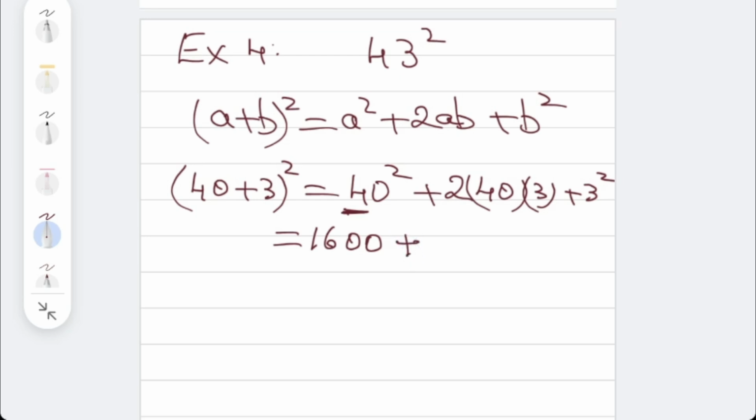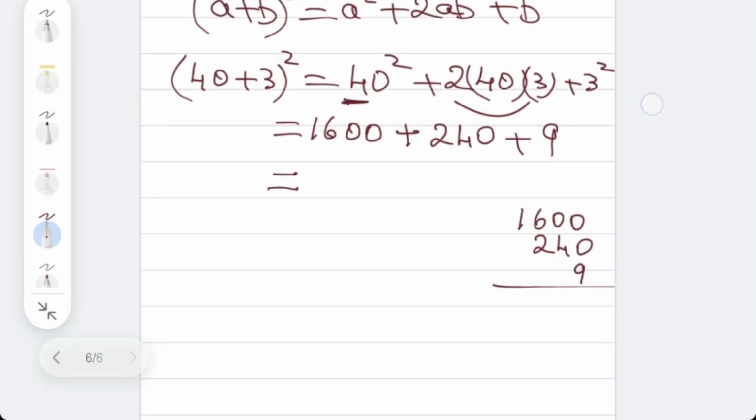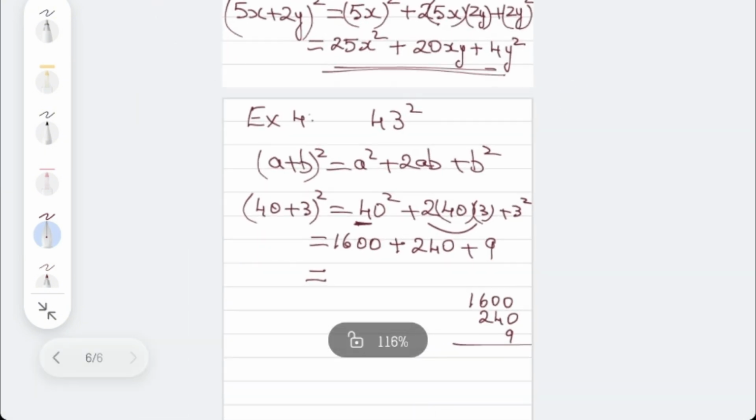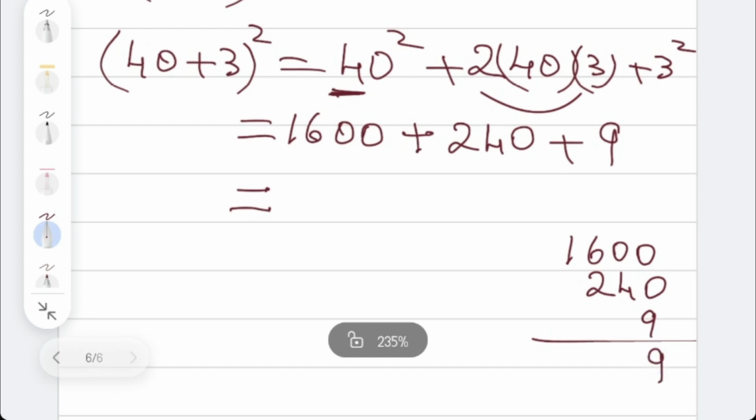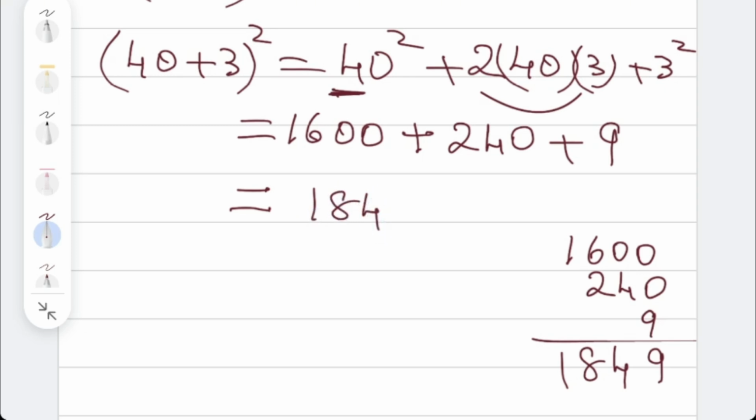And here it is 2 into 4 into 3. 2 4s are 8, 8 3s are 24, so it becomes 240 plus 9. When you add all three numbers, 1600 plus 240 plus 9, you get 1849. So he wanted us to do this. So that is the end of our examples.